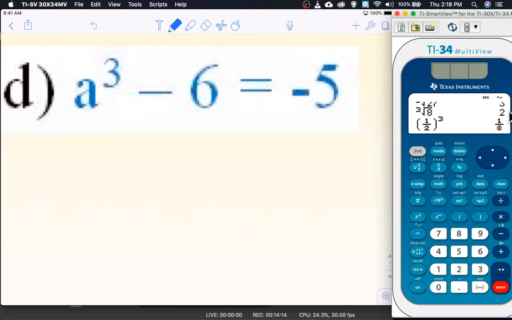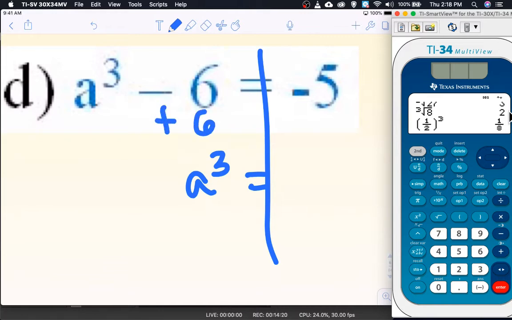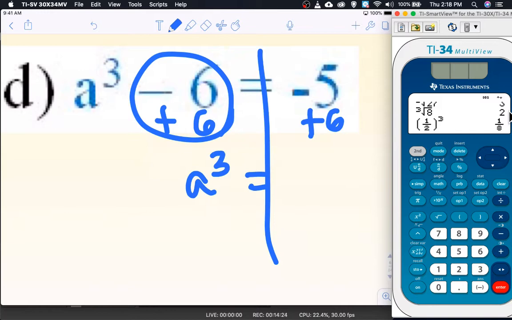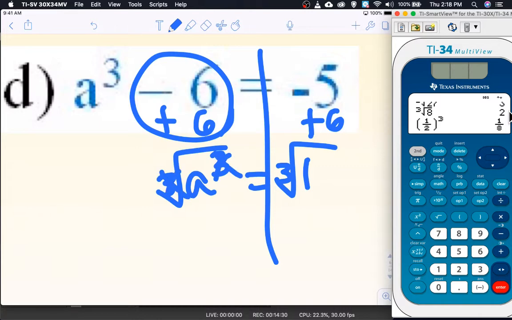Letter D. In order to get the variable by itself, we're going to get rid of this minus 6 by doing plus 6, which is 1. When I cube root both sides, these cancel, and A equals the cube root of 1, which is 1.